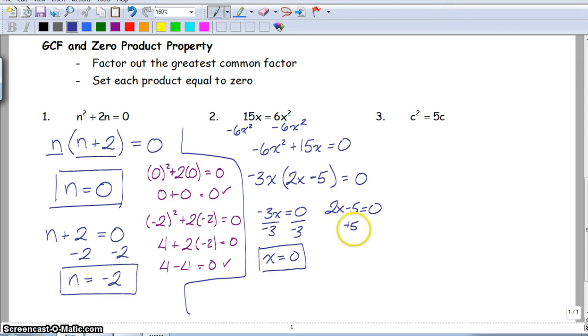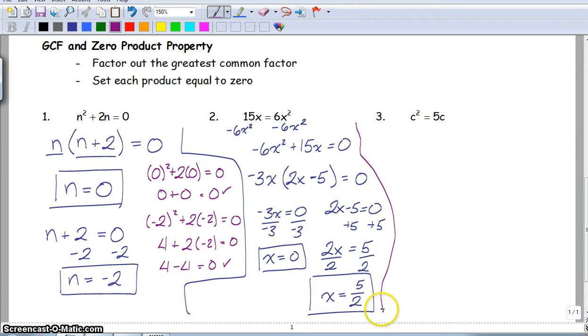In the second problem, add 5 to both sides. So 2x equals +5. Divide both sides by 2, and x equals 5/2. So both of those are your solutions.